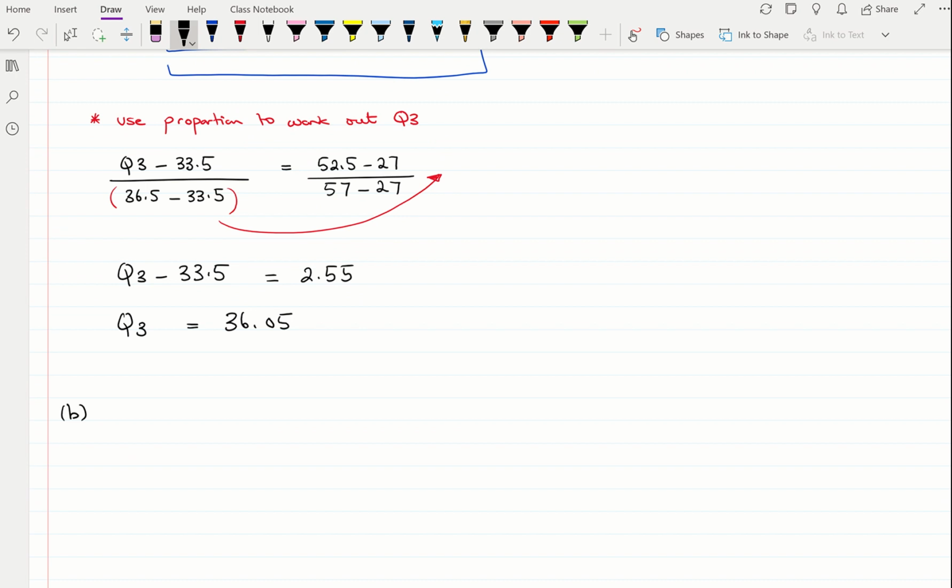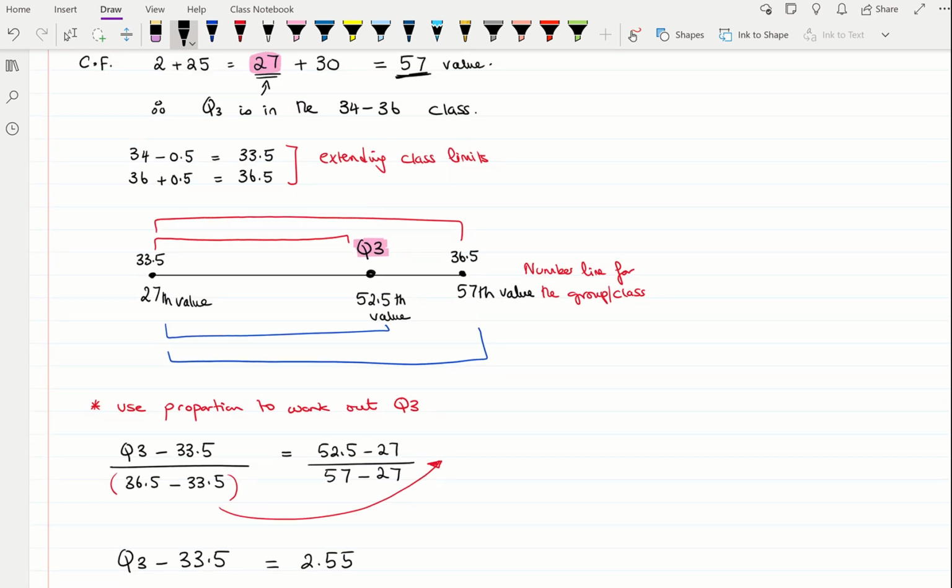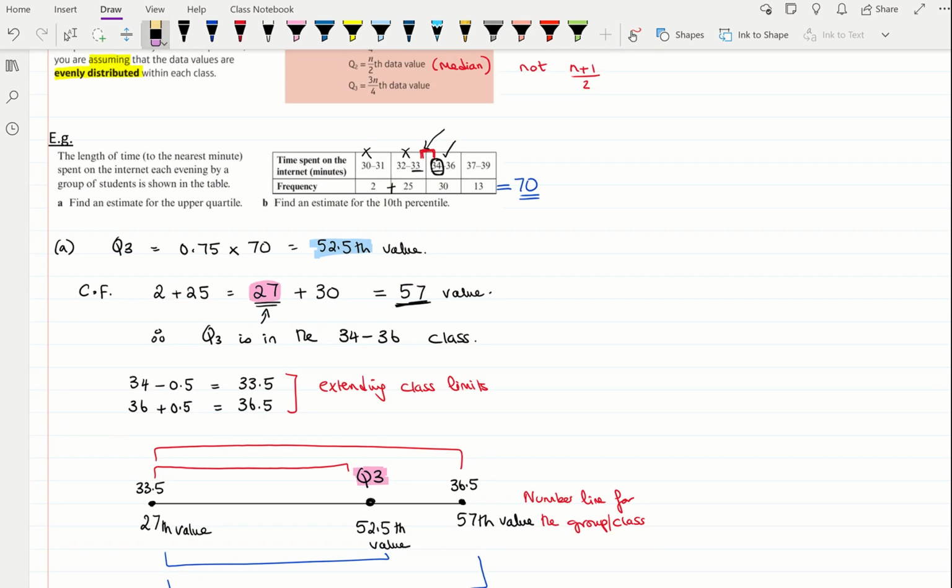And question B says find the 10th percentile. That is 10 out of 100, or 0.1, times 70, and that gives us the 7th value. We're looking for the 7th value. Looking at my table, where is the 7th value? It's not in the first class.